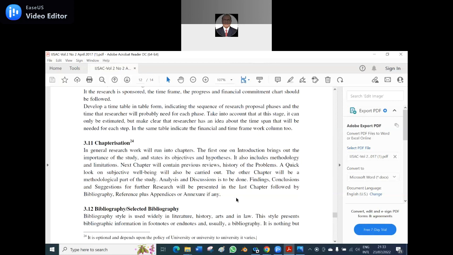Then the bibliography, from where you have chosen the sources; generally people say selected bibliography or bibliography. In the bibliography, first and foremost you write the books, next journals, next you can put reports or theses or dissertations.